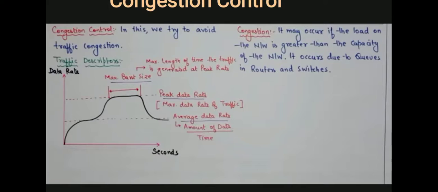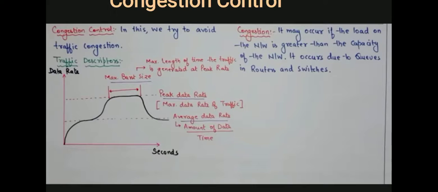Now we can take this graph in two parts. Here I have drawn two dotted lines on the graph. The first dotted line indicates the average data rate, which is the amount of data transmitted over a time.